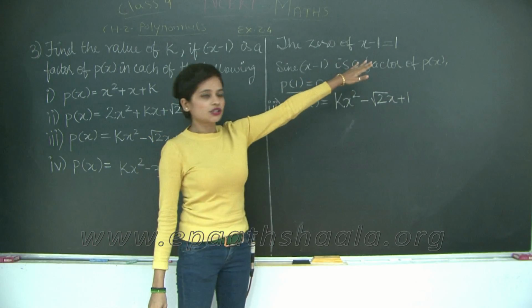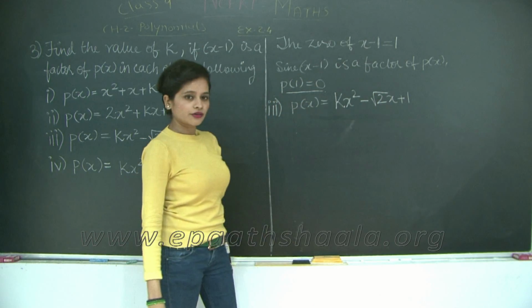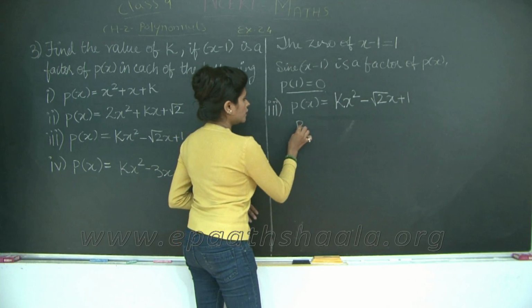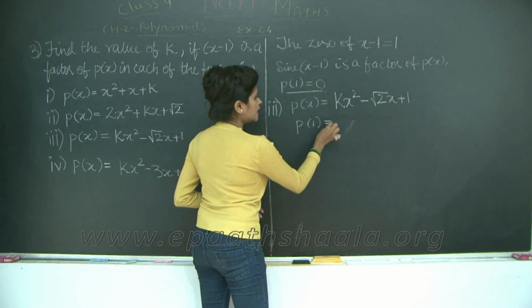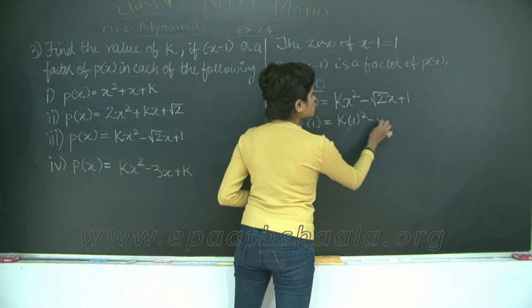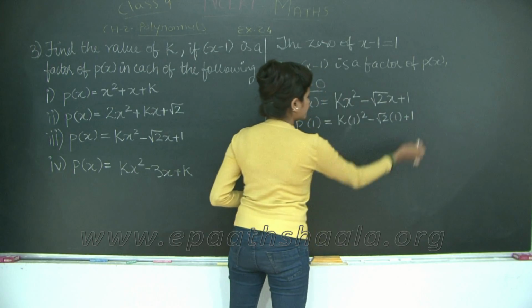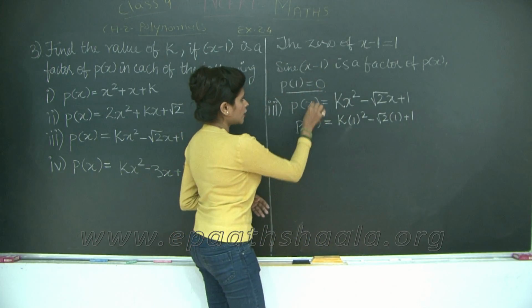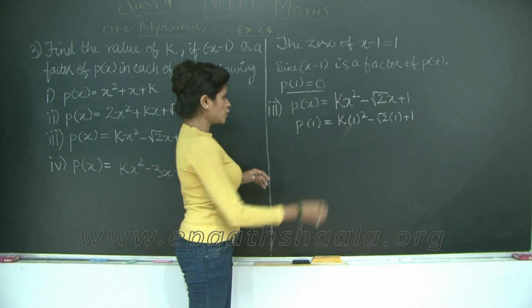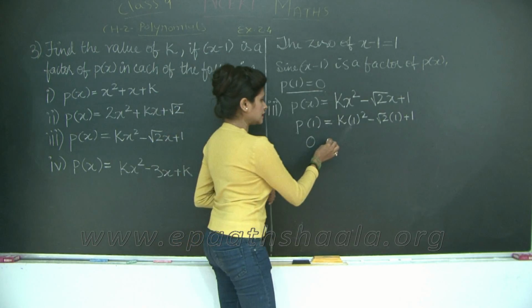Again, I am going to substitute x is equal to 1 in this equation, right? So, p of 1 gives me k into 1 the whole square minus root 2 into 1 plus 1. Correct? Now, p of 1 is 0. So, I am substituting p of 1 is equal to 0, right?